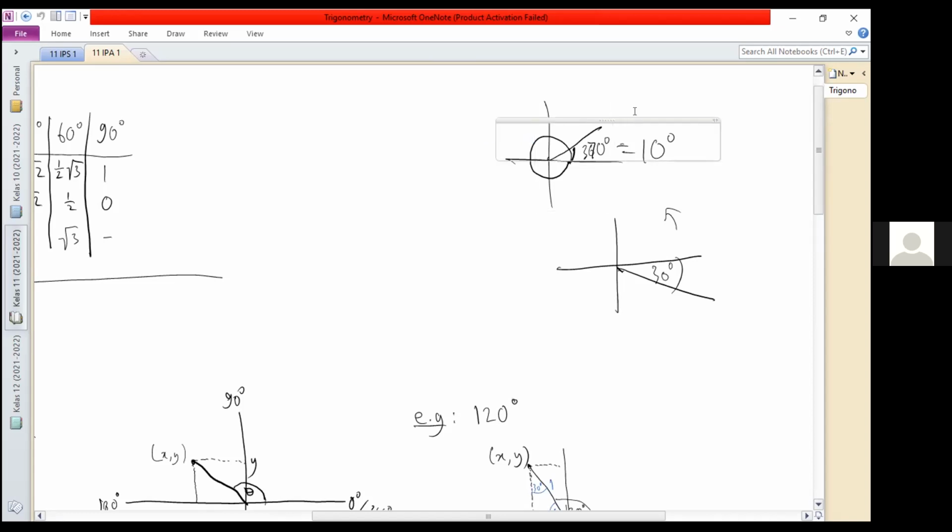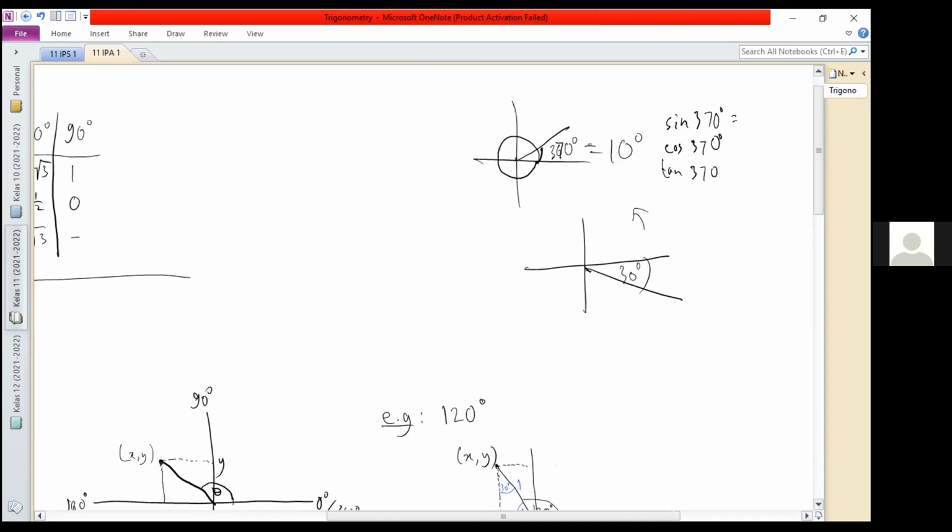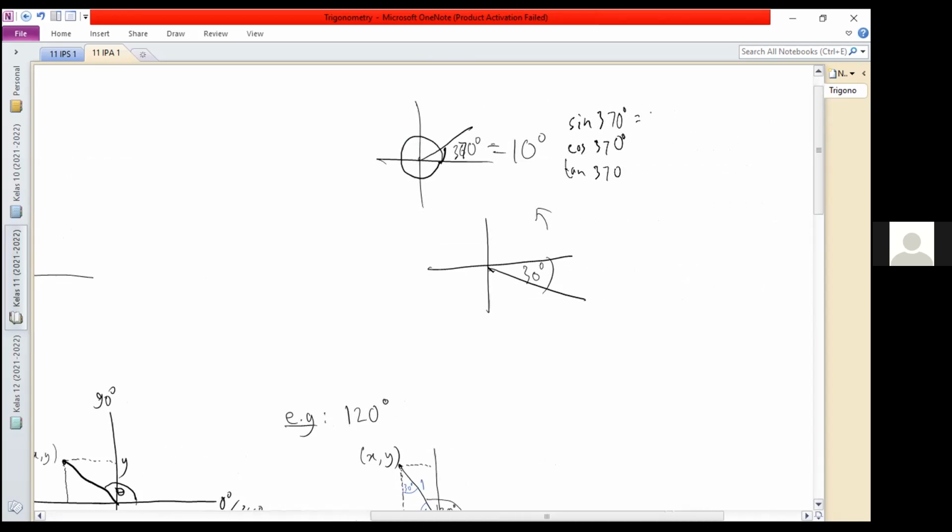The values of sine, cosine, and tangent for 370 degrees are the same as the values of sine, cosine, and tangent of 10 degrees.